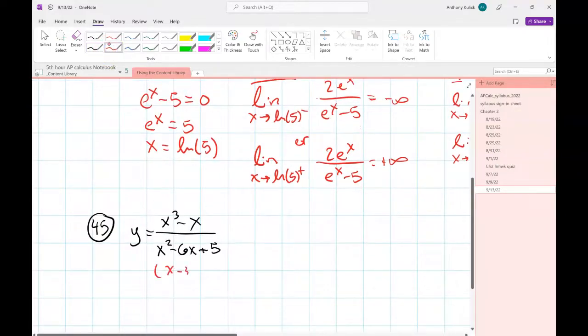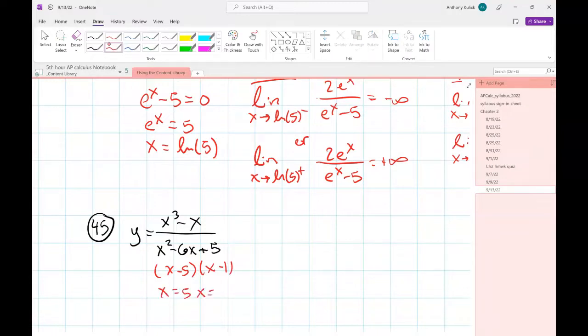So for the vertical asymptotes, I care about when x is at 5 and at 1. And I'm just going to call this f of x. I'm sick of writing this stuff down.